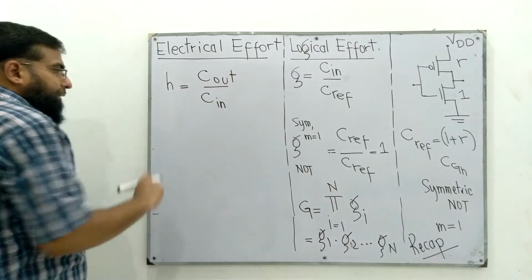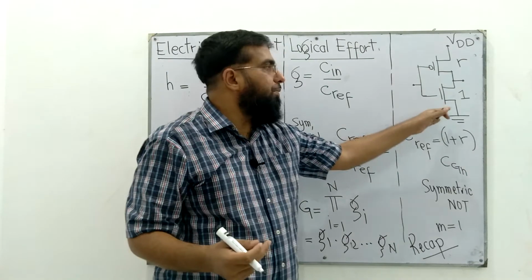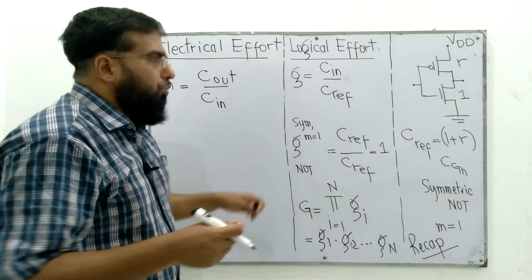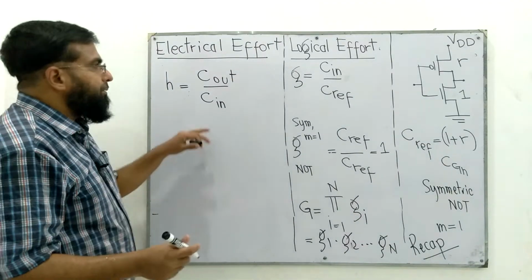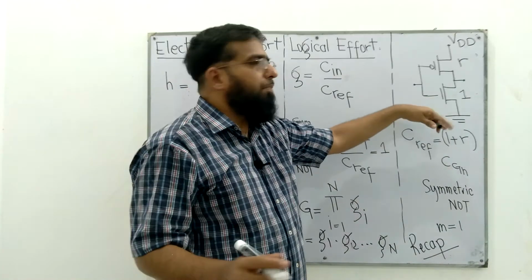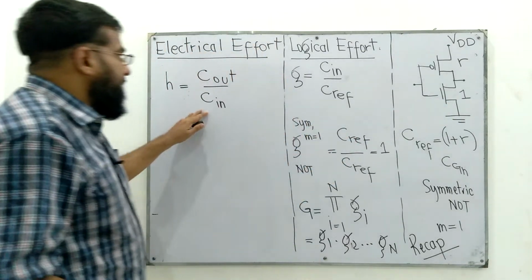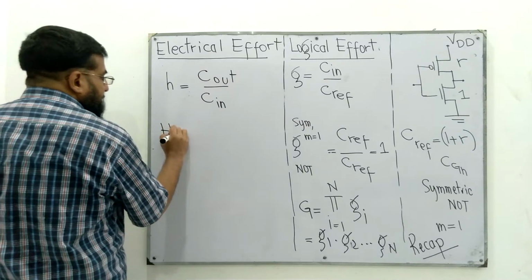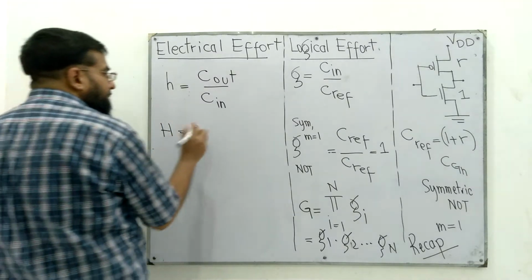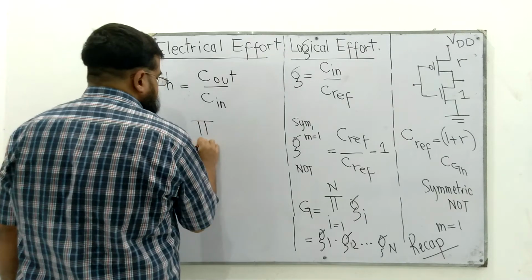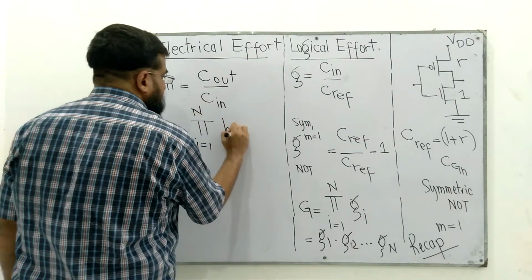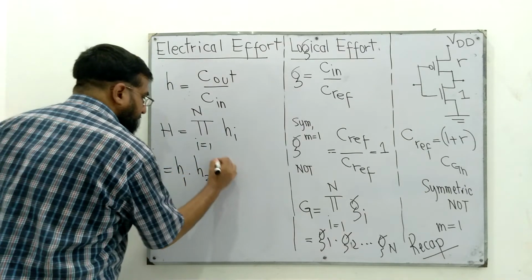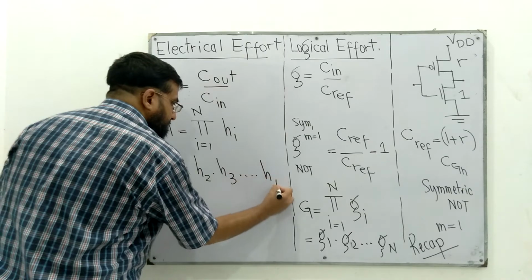The output capacitance would be the load capacitance plus the FET capacitance, divided by the input capacitance. For a chain, this small h converts into capital H, which is also a product of n h's: H1 times H2 times H3 up to Hn.